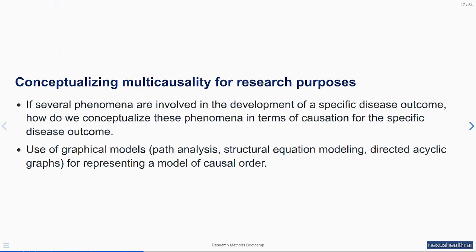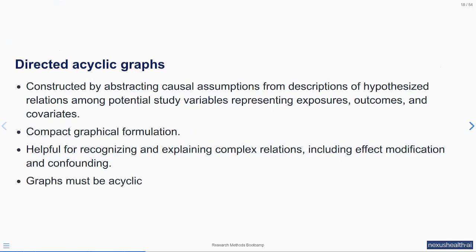If several phenomena are involved in the development of a specific disease outcome, how do we conceptualize these phenomena in terms of causation for the specific disease outcome? We can do this through the use of graphical models. So path analysis, structural equation modeling, directed acyclic graphs. All these can be used to represent a model of causal order.